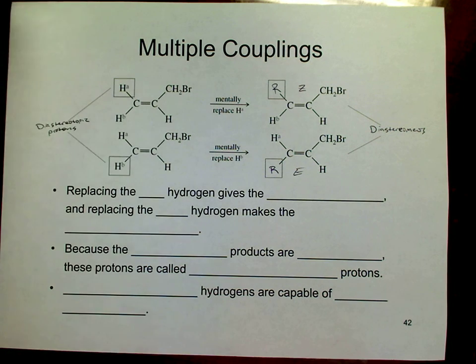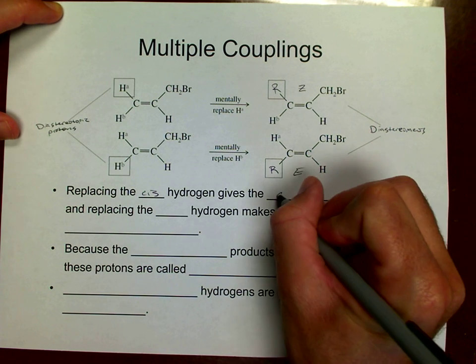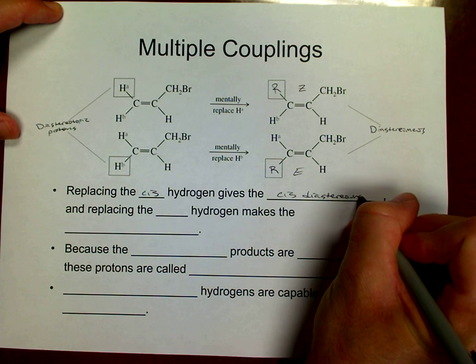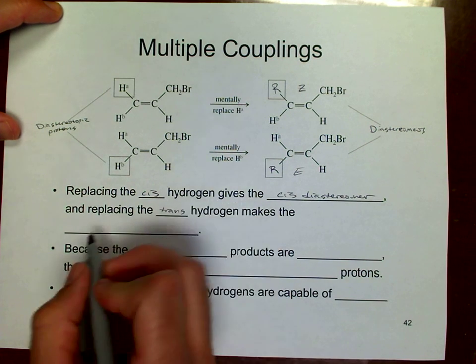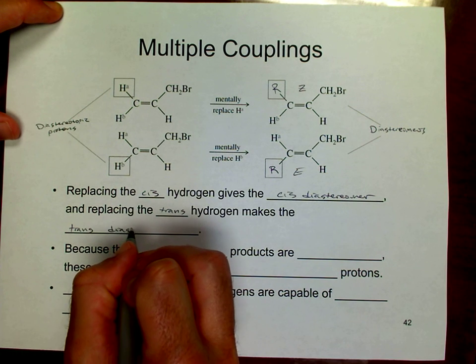These two protons are diastereotopic. Okay, so replacing the cis hydrogen gives the cis diastereomer, and replacing the trans hydrogen gives the trans diastereomer.